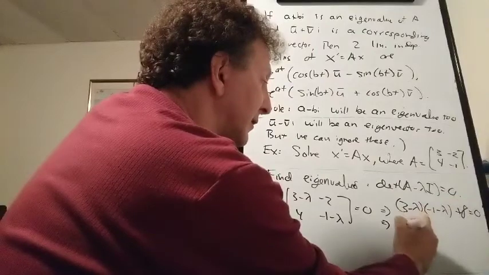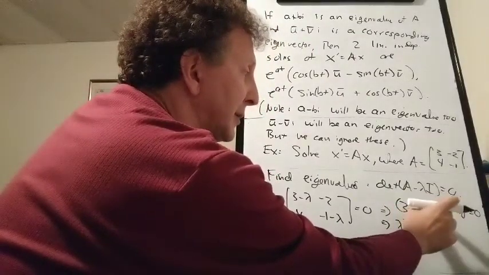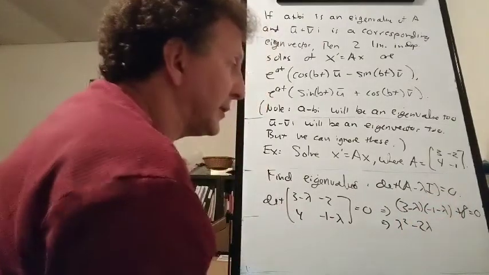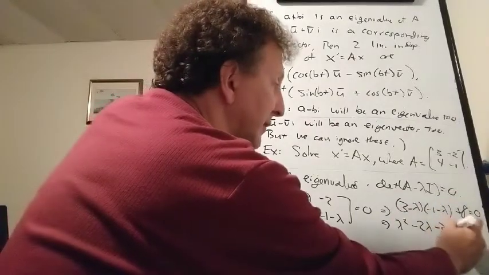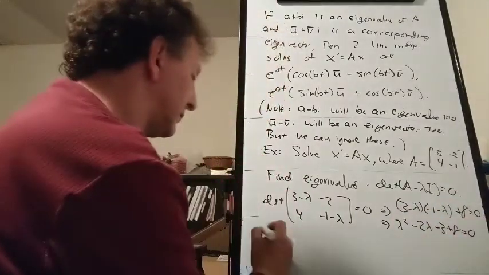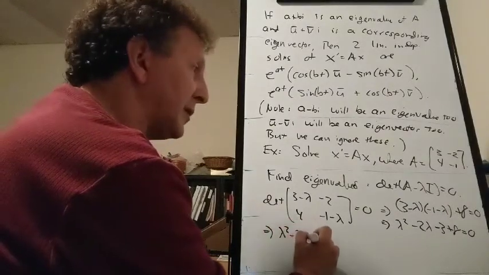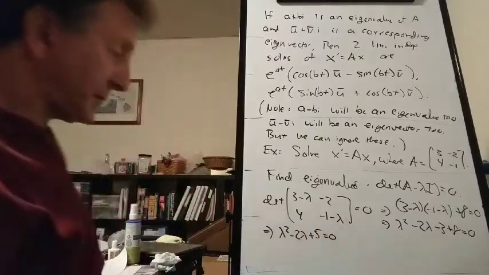Lambda squared minus 2 lambda, minus 3 plus 8 equals 0. Lambda squared minus 2 lambda plus 5 equals 0.